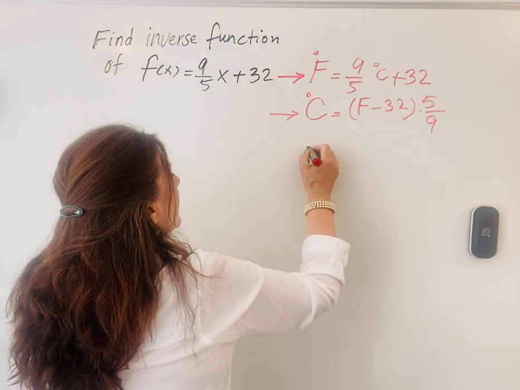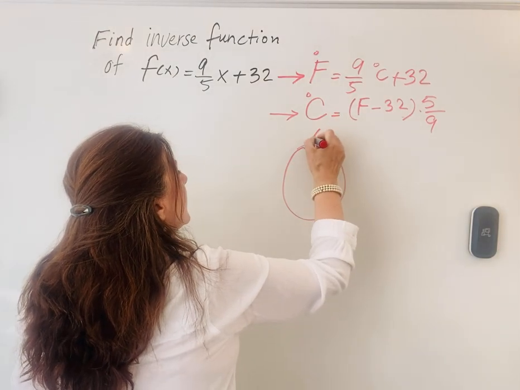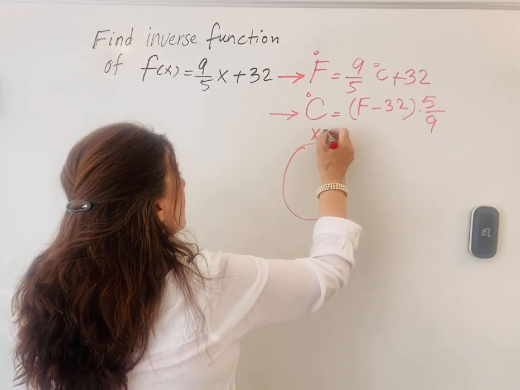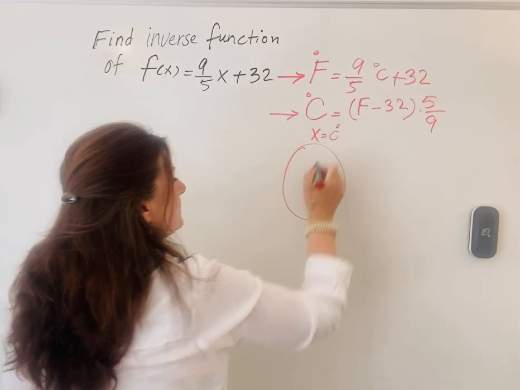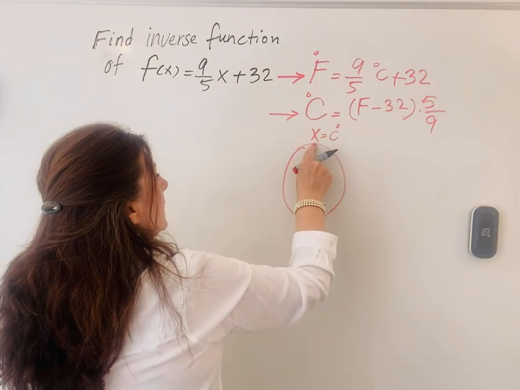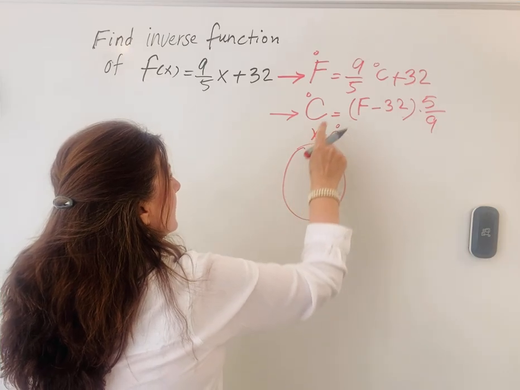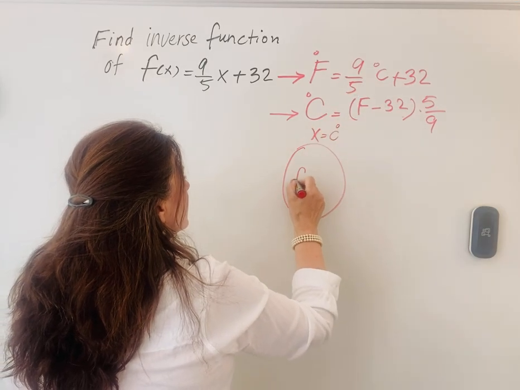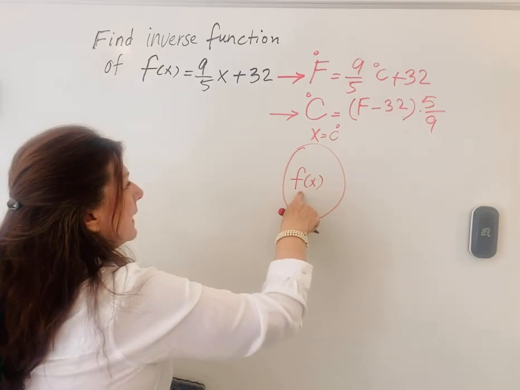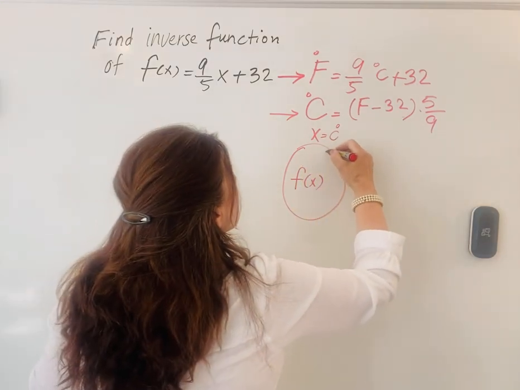Because if you have centigrade, for example x is centigrade, the input is centigrade, and f of x is Fahrenheit.